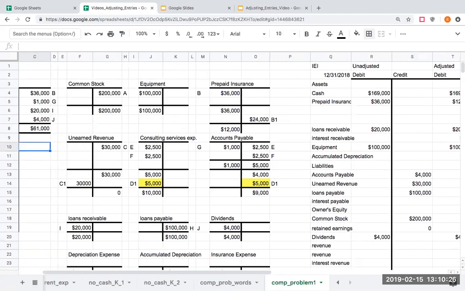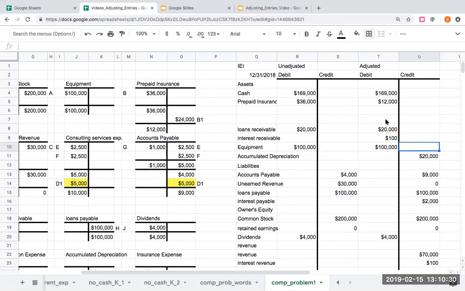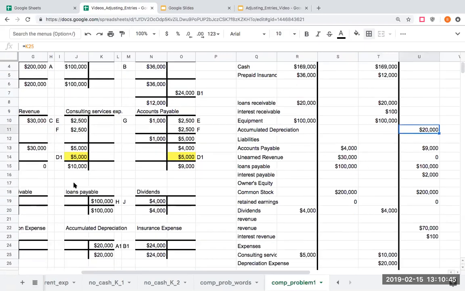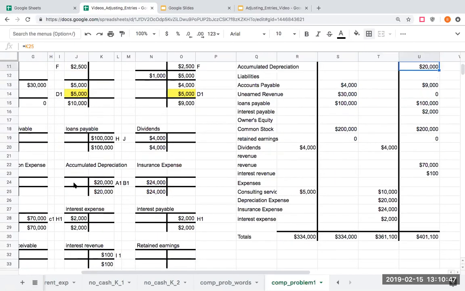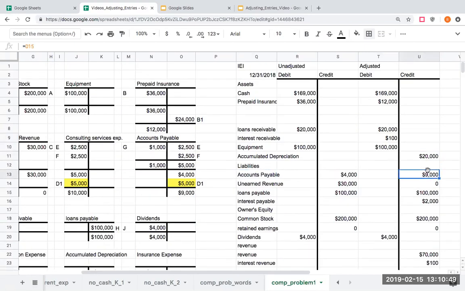So my cash is good. My prepaid insurance is now 12,000. My loan receivable hasn't changed. I have interest receivable on that loan of 100. My equipment is still 100. My accumulated depreciation is 20,000, which is what I calculated below. My accounts payable is 9,000, which is from right here.